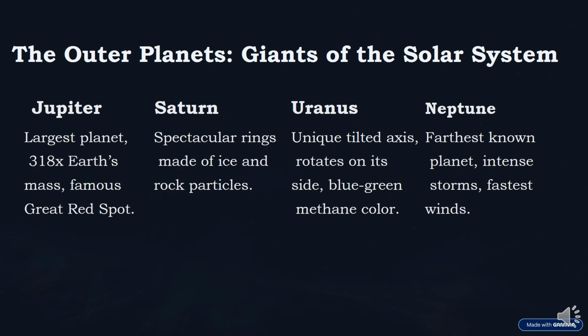Saturn is known for its spectacular rings made of ice and rock particles. Uranus is unique because its axis is tilted so it rotates on its side, with a green color from methane. Neptune is known as the farthest known planet, with intense storms and the fastest winds.